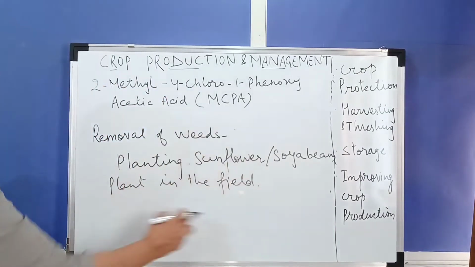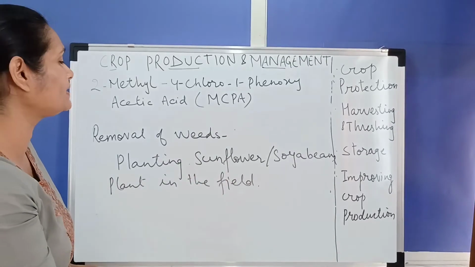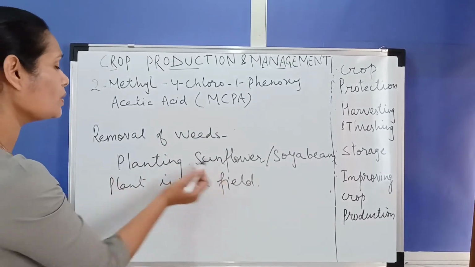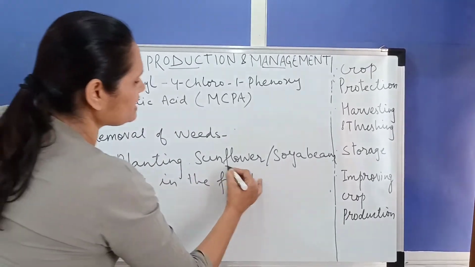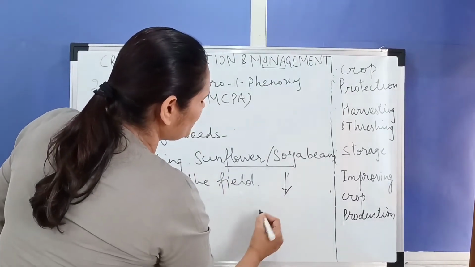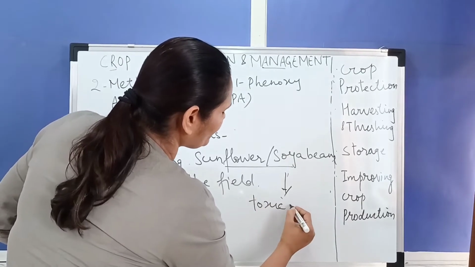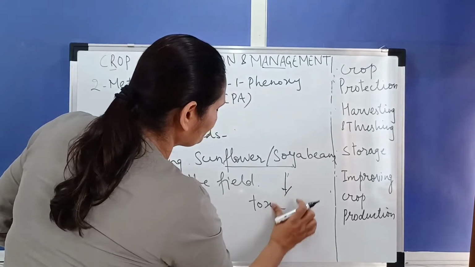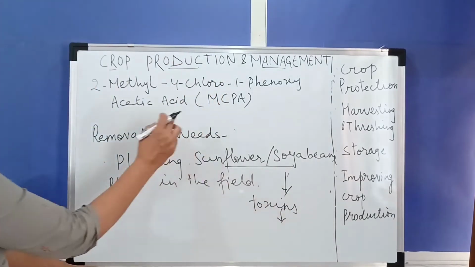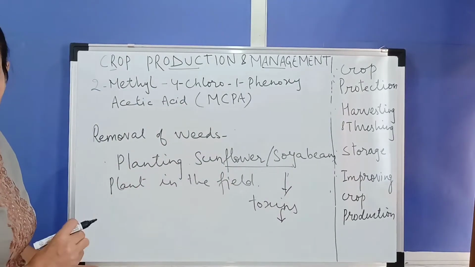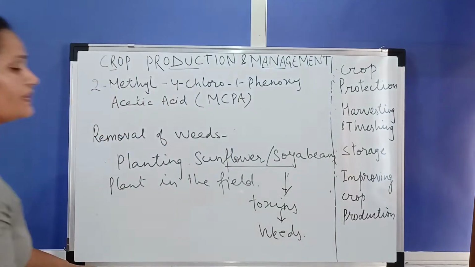This is done along with our main crop. Soybean and sunflower plants are also planted along with the main crop. So how does this help in preventing the weeds? Basically, these plants produce some toxic substances, some toxins. And these toxins prevent the growth of the weeds, and thus the weeds do not grow.